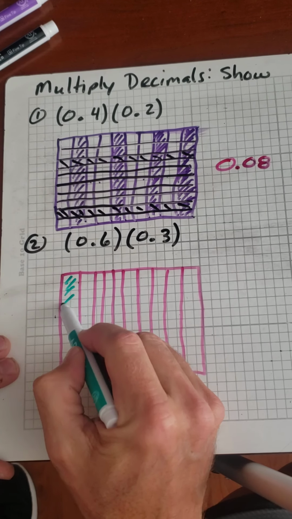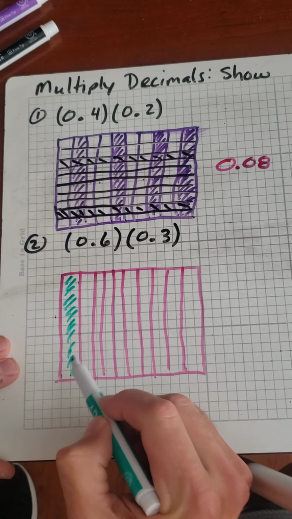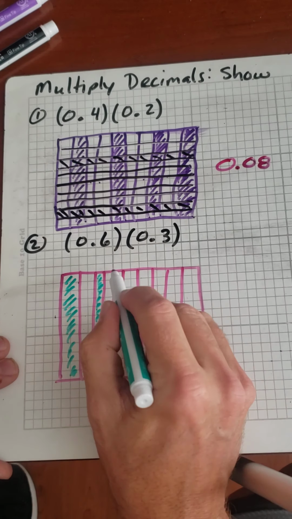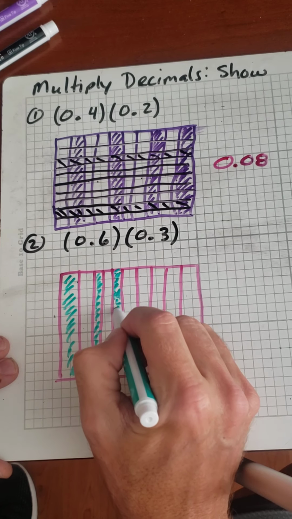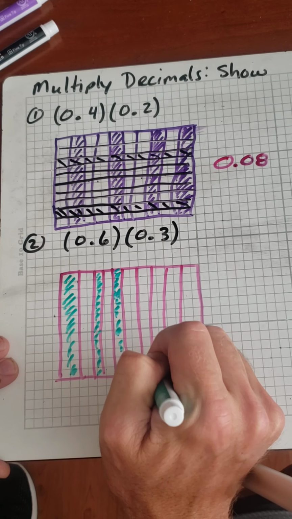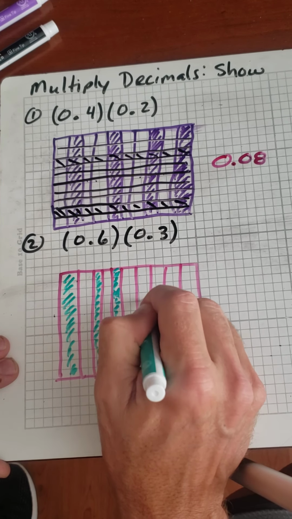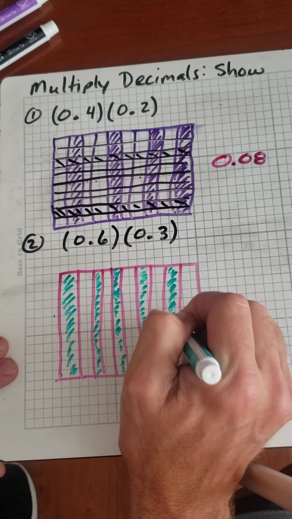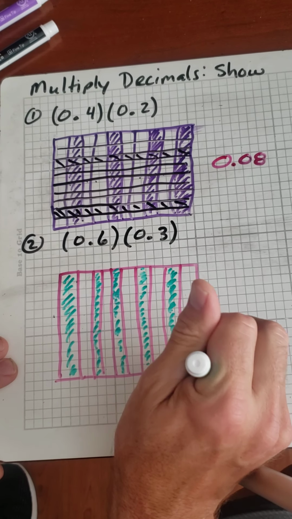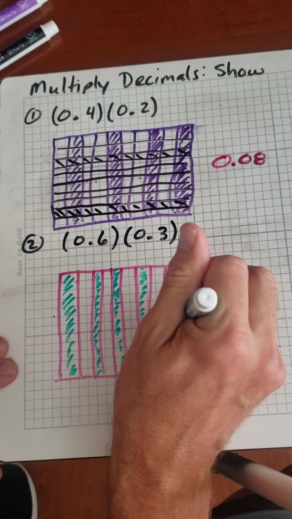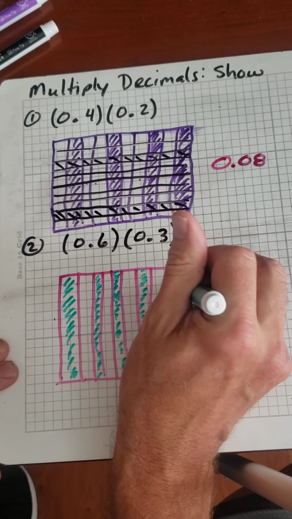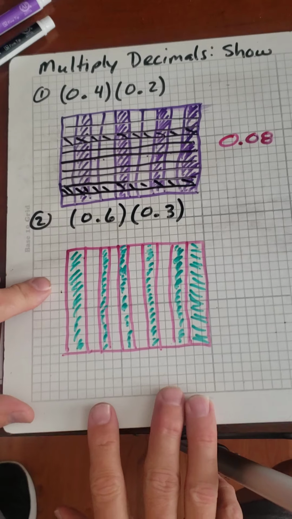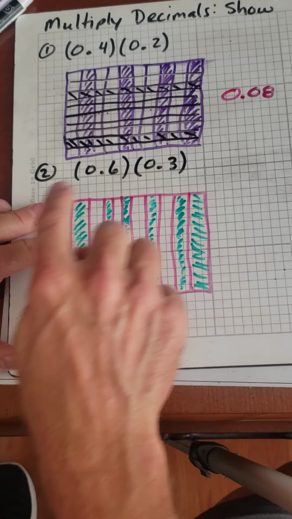So I've got 1, 2, 3, 4, 5, and 6. Okay, so there we go. So that's what I'm starting with. I'm starting with 0.6 of a whole, of a square.